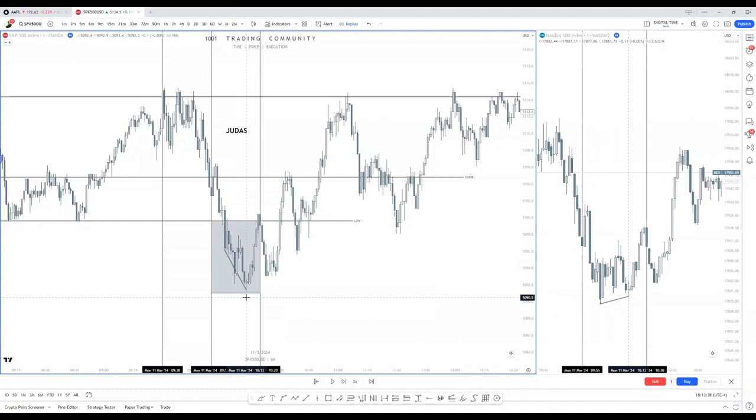That is your SMT. Look at that discrepancy there. When the SMT occurs, smart money is telling you what they are doing. There is a discrepancy in price. They are telling you right in your face that there is going to be most likely a reversal.